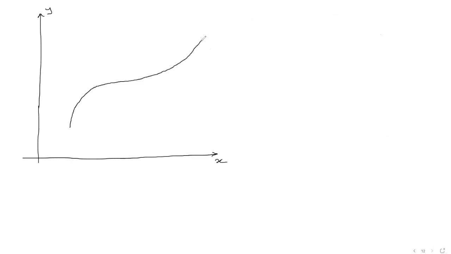Let me draw a nice diagram first. Let's say this is the x-axis and this is the y-axis. I'm drawing a curve because we are here to find the slope of a curve. For a straight line, it would be very, very simple, right? So I have this function f of x, and I am interested in finding the slope of this tangent. Let me use red color for this tangent here.